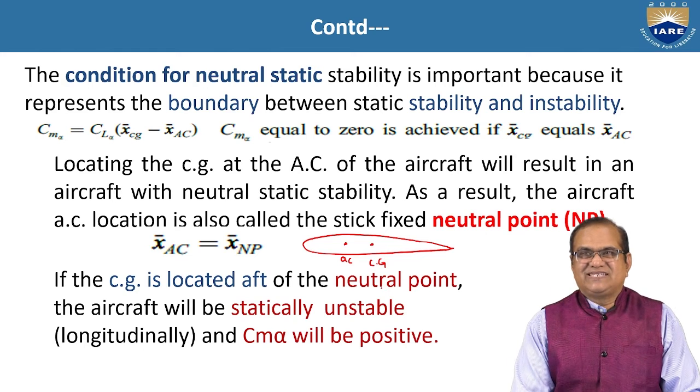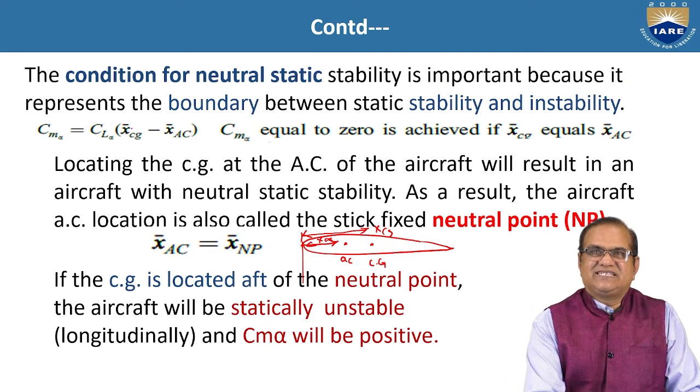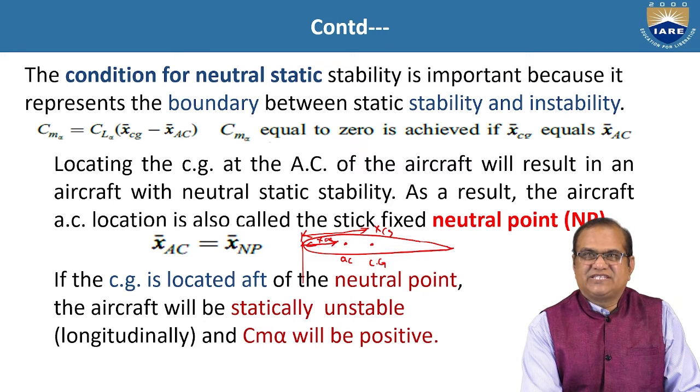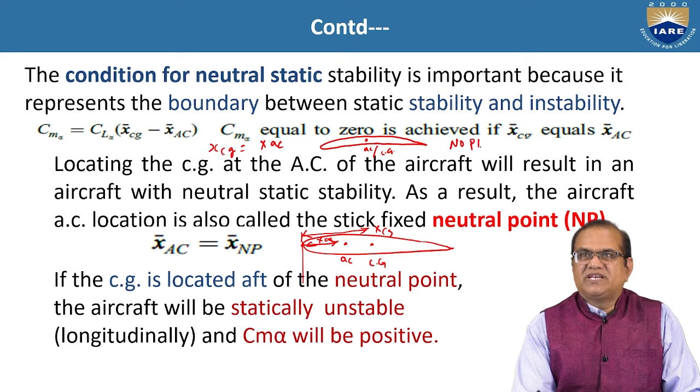If xCg, measured from here, and from here to here xAc, are both equal, if xCg is equal to xAc, it means what? This is the AC and this is also the CG. If both are at the same point, there will not be any pitching moment. No pitching moment will be experienced.